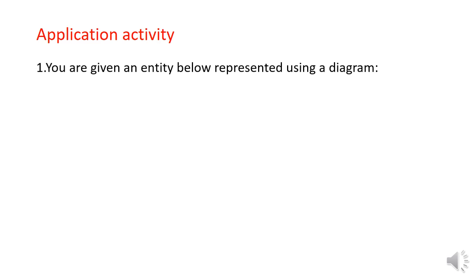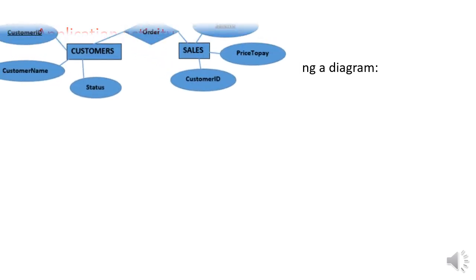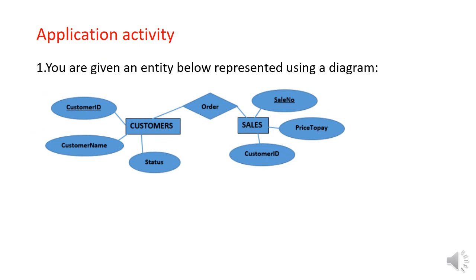So let us try this application activity in order to see if you have got something from my presentation. You are given an entity relationship diagram. Observe it carefully and then answer the questions after it.